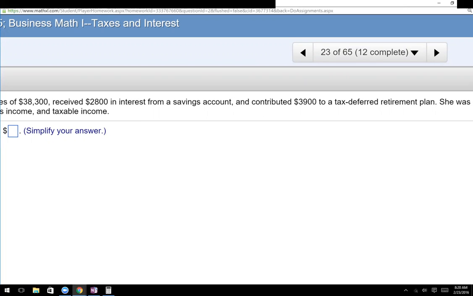Yeah, exactly. Traditionally the answer has been exactly that. If you have, say, 3,900 versus 3,500, well, that extra $400 you put in there now is going to build up interest over the next 20, 30, however many years you have to work. And so it's better to go ahead and defer the taxes, and then you'll have to pay taxes on more when it comes out because you'll have that much more money.